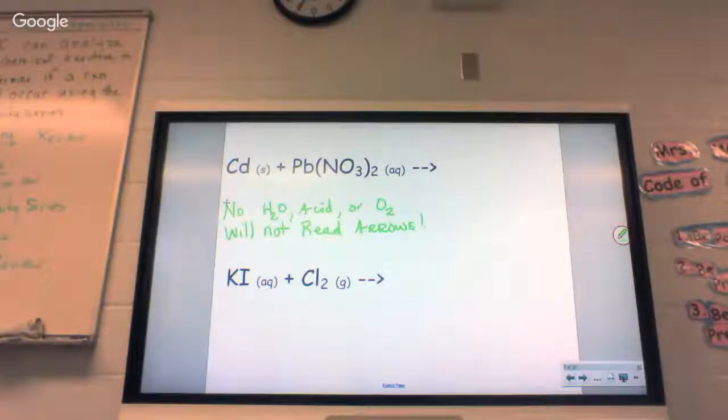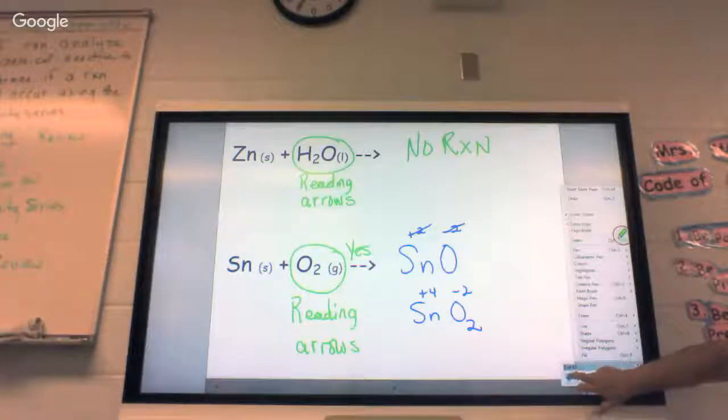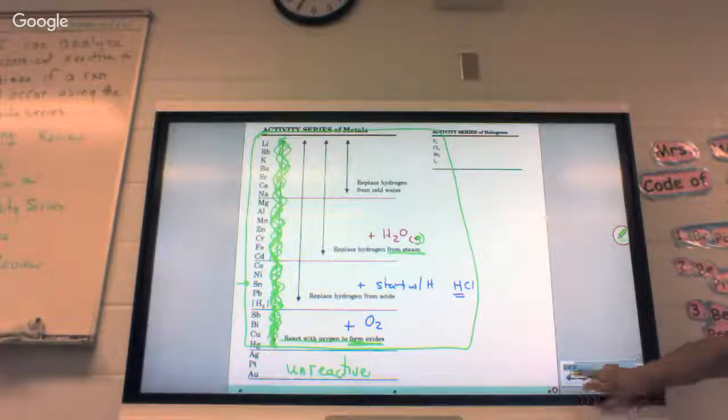So if I cruise back, catch up with me, we're going to cruise back to what we wrote down. We will not read the arrows.